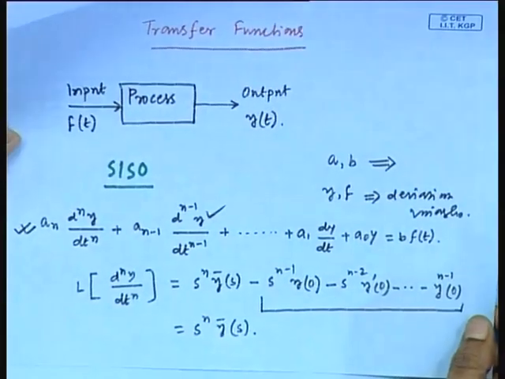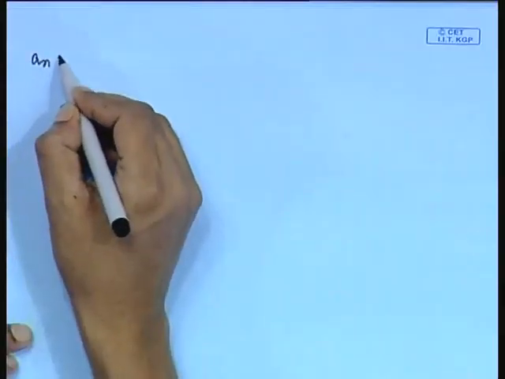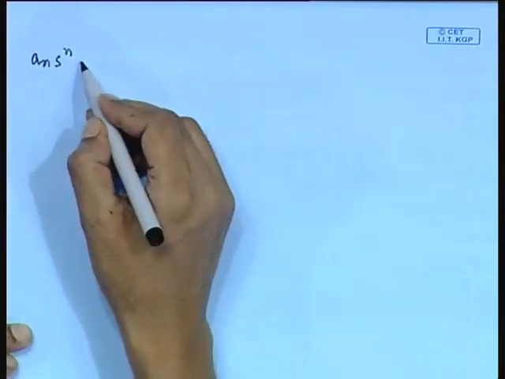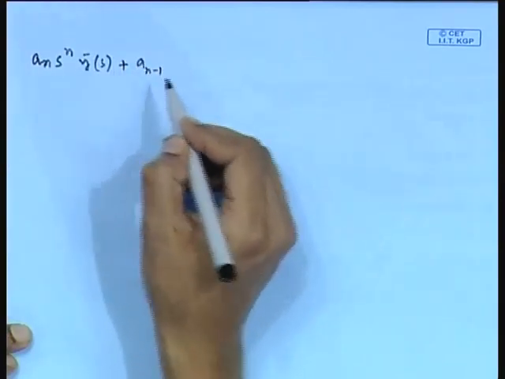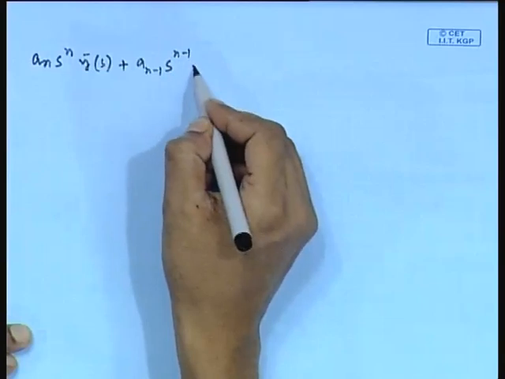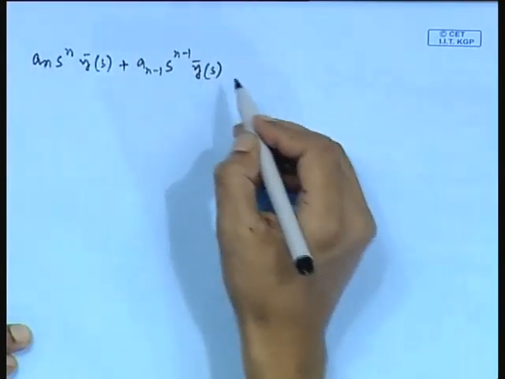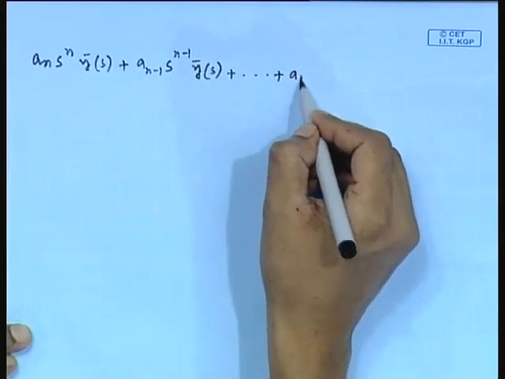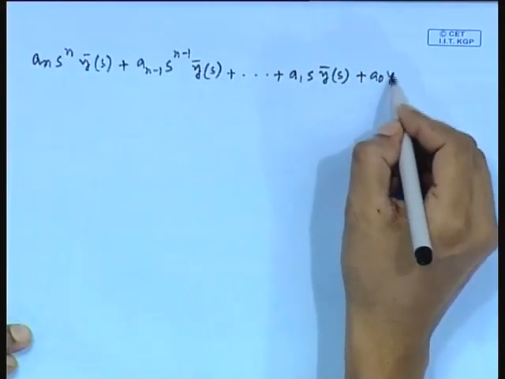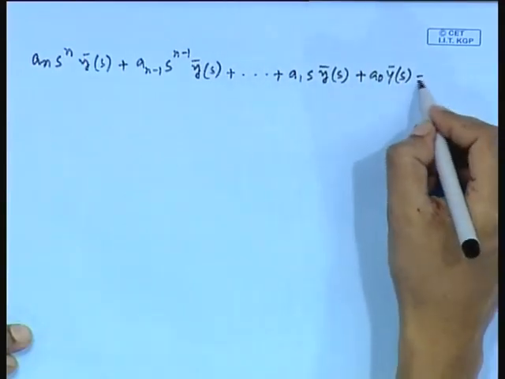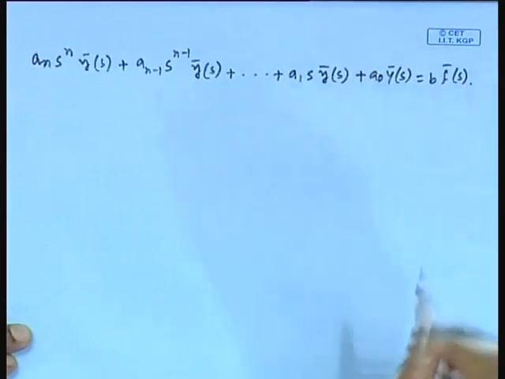So, if we take the Laplace transform of this linear or linearized nth order differential equation, we get a_n s^n y bar(s) plus a_(n-1) s^(n-1) y bar(s), like this, a1 s y bar(s) plus a0 y bar(s) equal to b f bar(s).